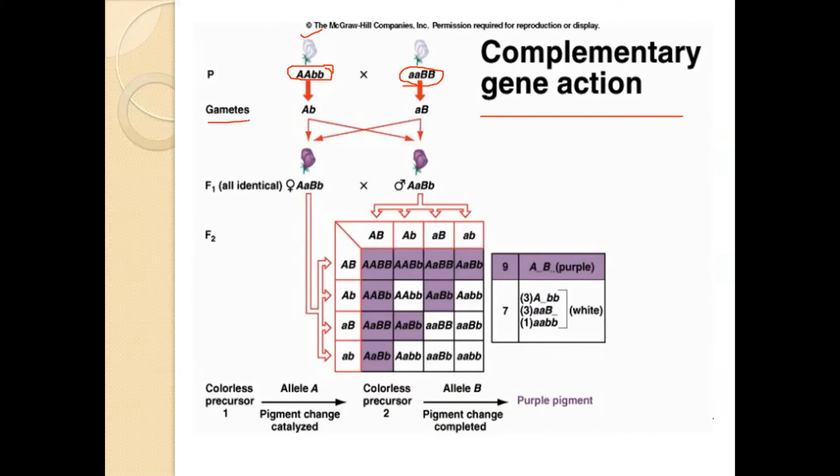So the gametes produced from capital A, small b, and small a, capital B, when these two gametes combine in the F1 progeny, they will produce all identical purple flowers.